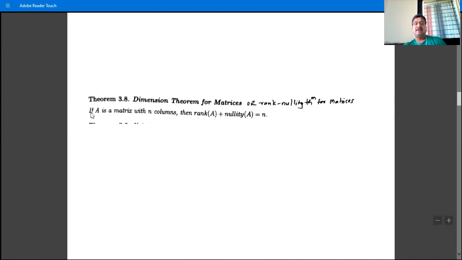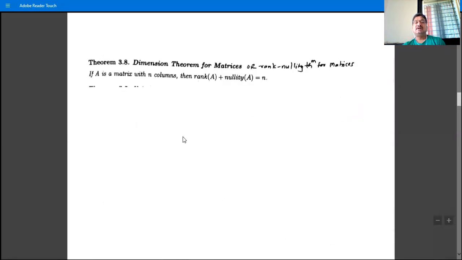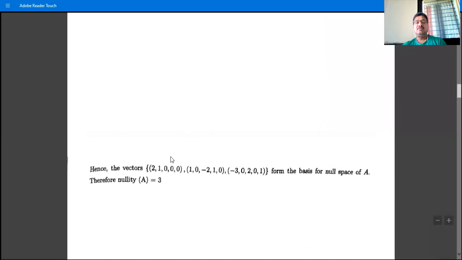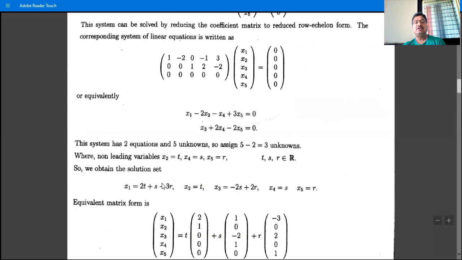So what is that theorem? If A is a matrix with n columns, then rank of A plus nullity of A is equal to n. That is the rank nullity theorem for matrices: rank of A plus nullity of A is equal to the number of columns in the matrix A. We verified the rank nullity theorem for this example.